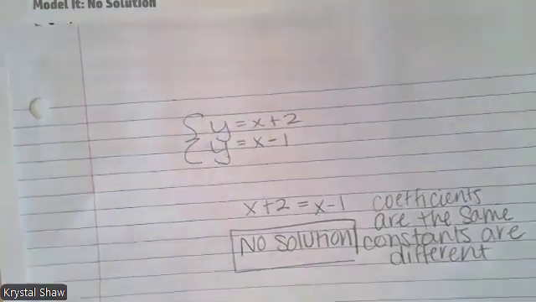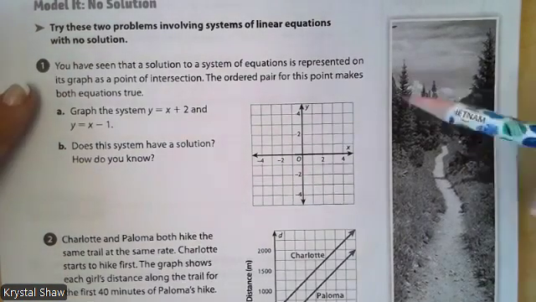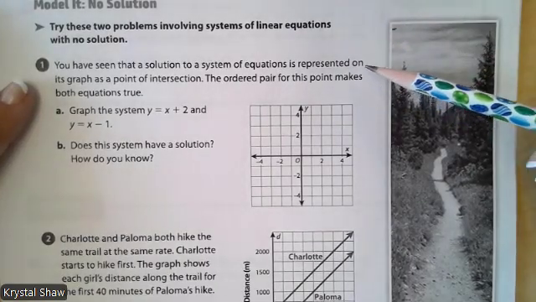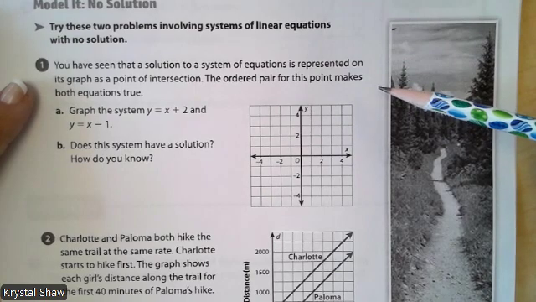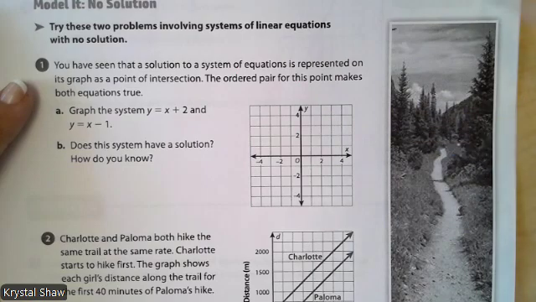What we're going to do is go back here to page 275 in our textbook, and take a look at graphing this. So it says here, you've seen that a solution to a system of equations is represented on its graph as a point of intersection. The ordered pair for this point makes both equations true.